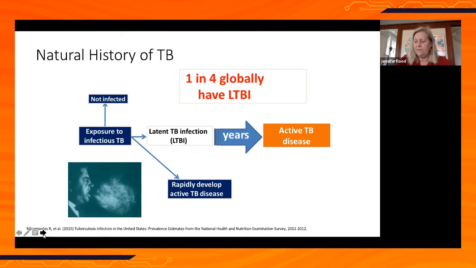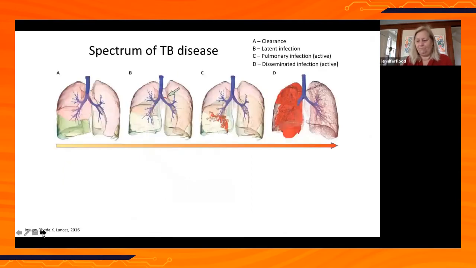So the opportunity that we have is that once infected, we can arrest future disease progression by treating TB infection in this early phase of latent TB infection. Now, this is not a new concept, but we're understanding that this is really an important place that we need to go worldwide in order to get ahead of the TB disease curve.